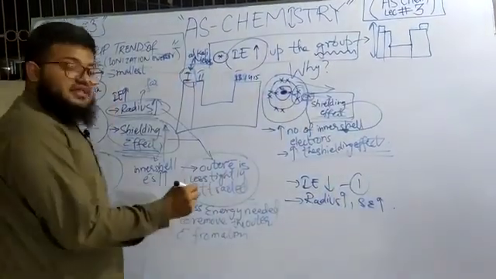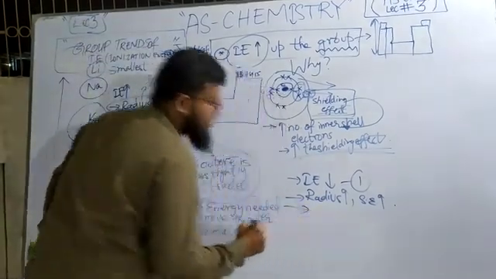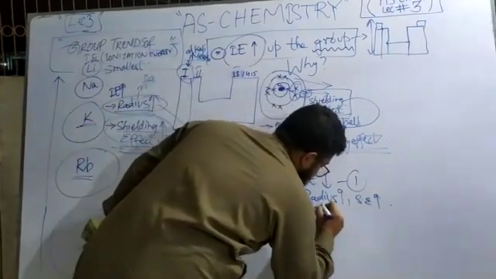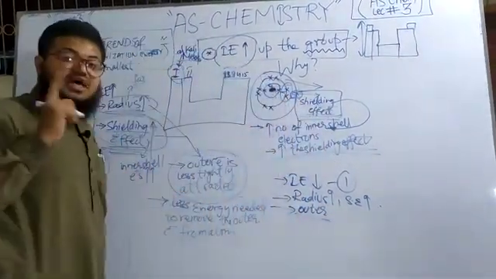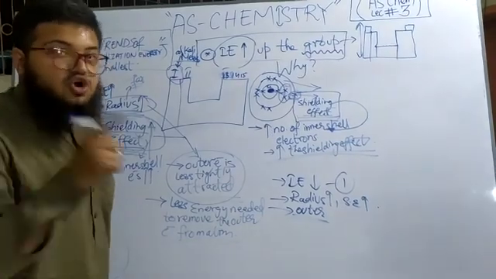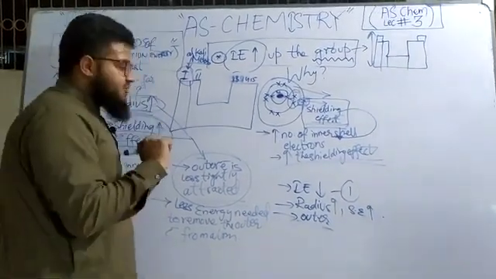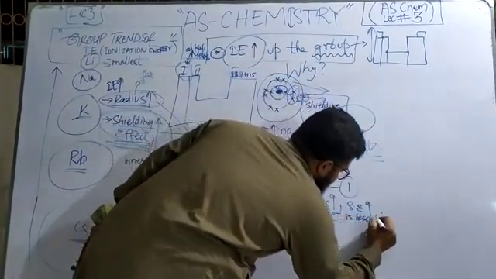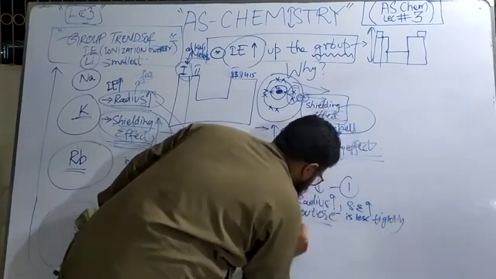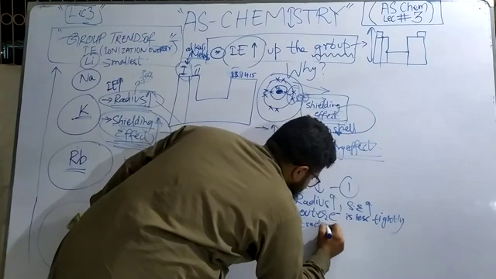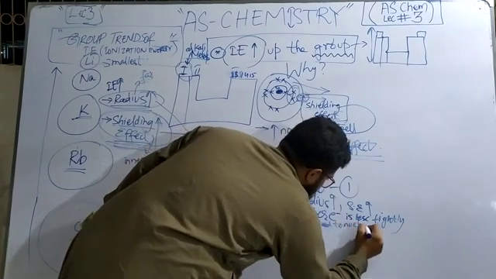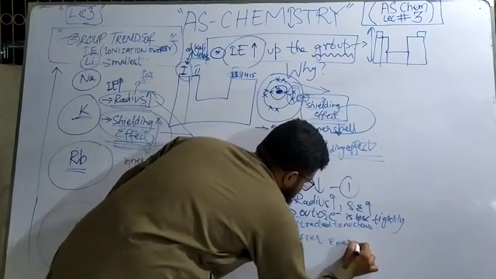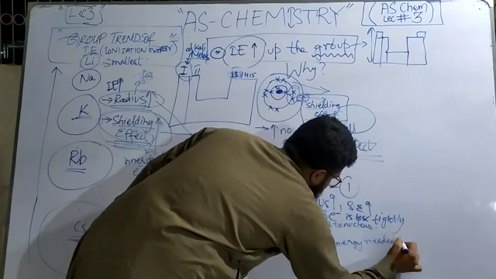And if the radius is increasing and the shielding effect is increasing, will the electron become less tightly attracted to the nucleus? Yes. You have to mention the term outer, because it's the outer electron we are dealing with in first ionization energy, not the inner electrons. The outer electron is less tightly attracted to the nucleus, so less energy is needed to remove it.